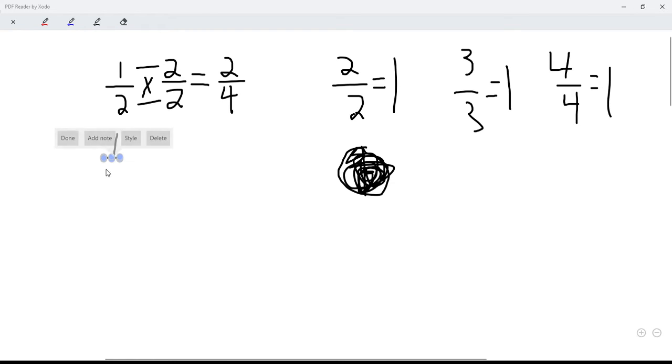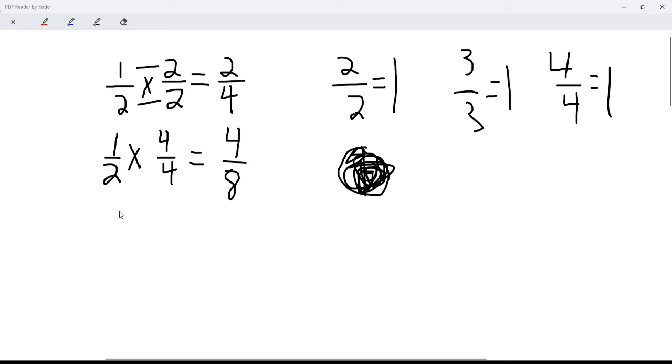So it's the same thing here. I can do 1/2 times 4 over 4. And that would give me 1 times 4 is 4, 2 times 4 is 8. Okay, so I can do this with any number, right?